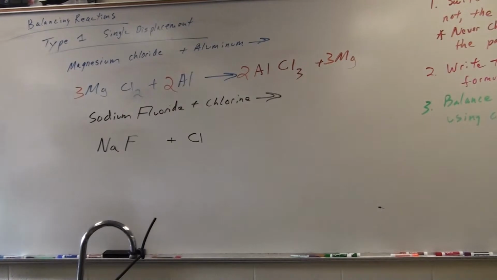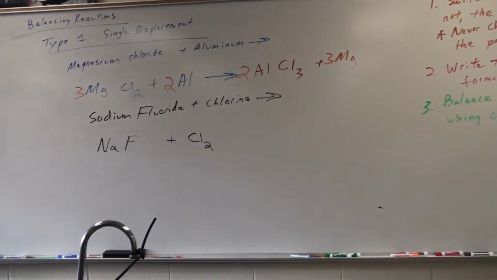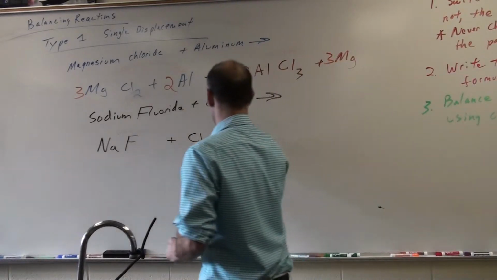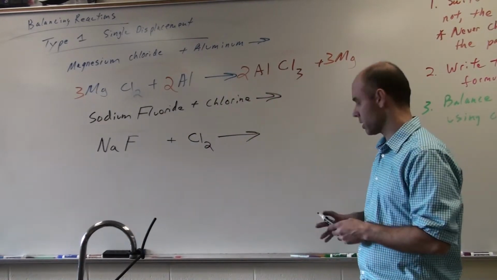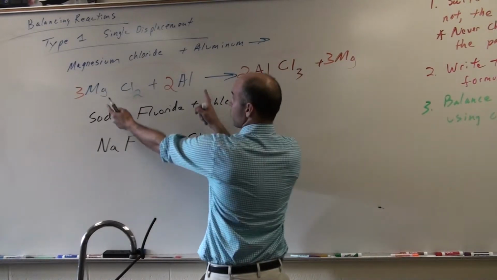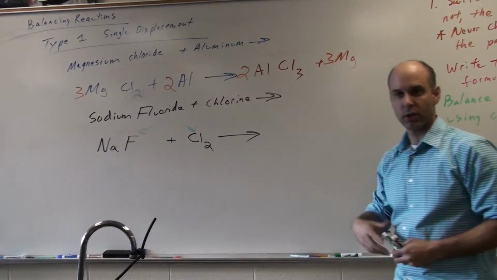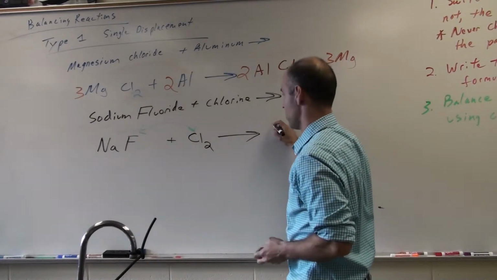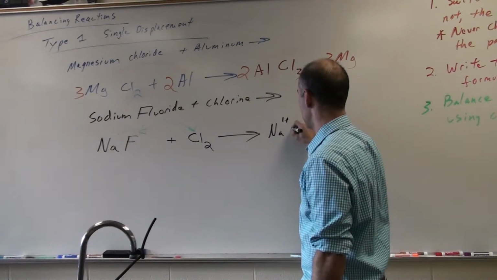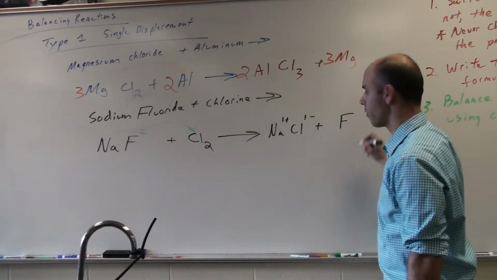Is that it? When chlorine's by itself, it must be diatomic. So that's why we memorized those magic 7: hydrogen, nitrogen, oxygen, and then the halogens. So when I do my single displacement, I'm going to be switching the two nonmetals. So it's either the two metals or the two nonmetals. And when I switch, I don't bring the subscripts over, I just switch the symbols. So I end up with Na, Cl, write the charges, and I end up with fluorine.